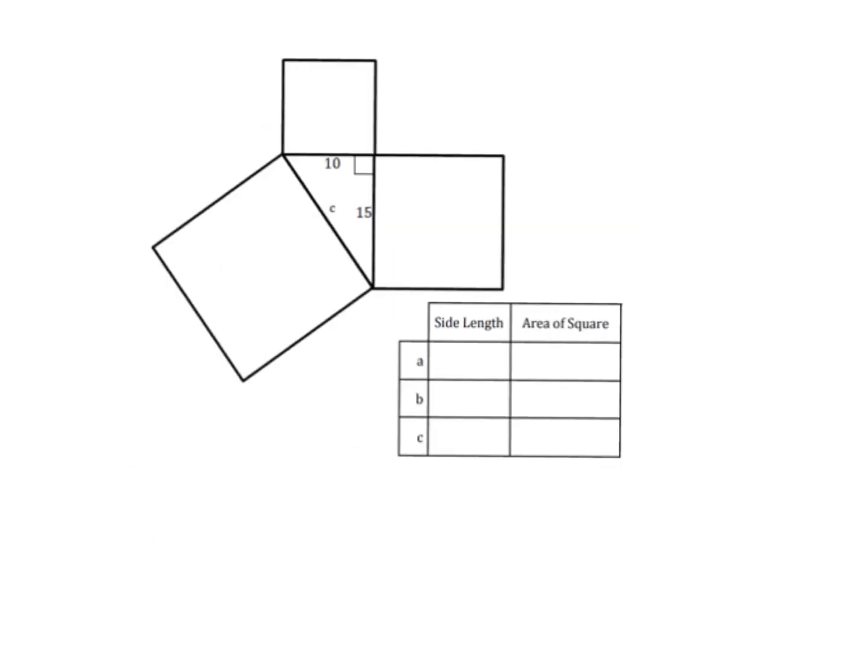Okay, if we look at the first example, you can see the right angle, and so side C is the hypotenuse. That's the side that we don't know.